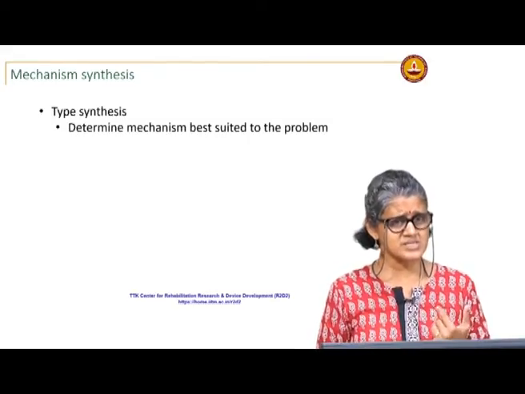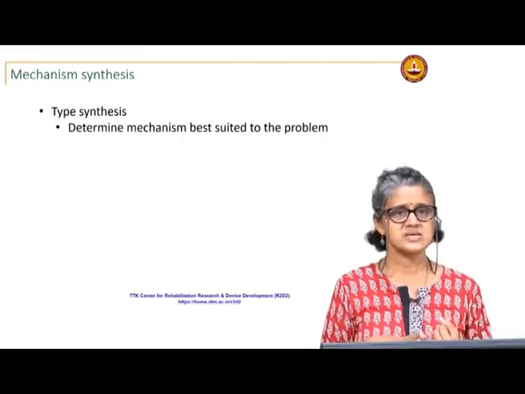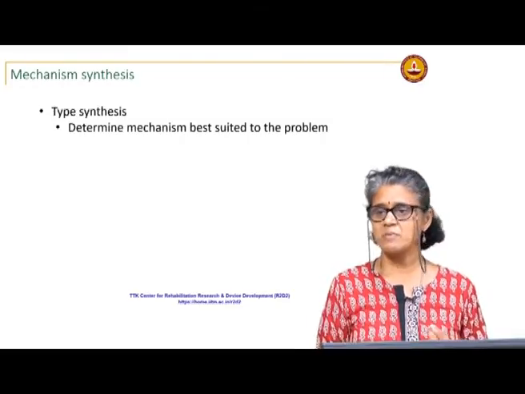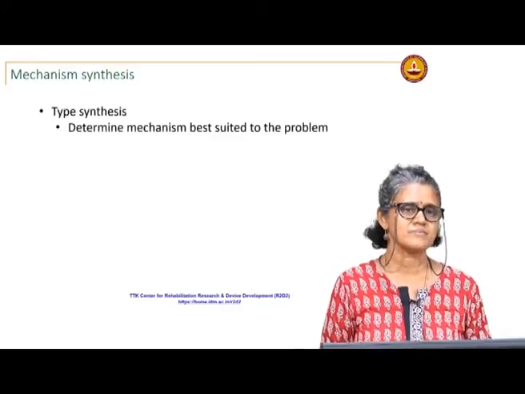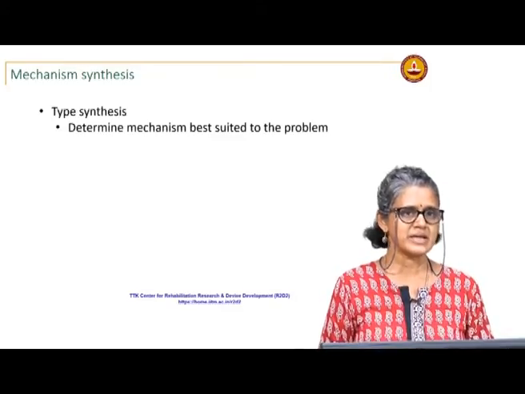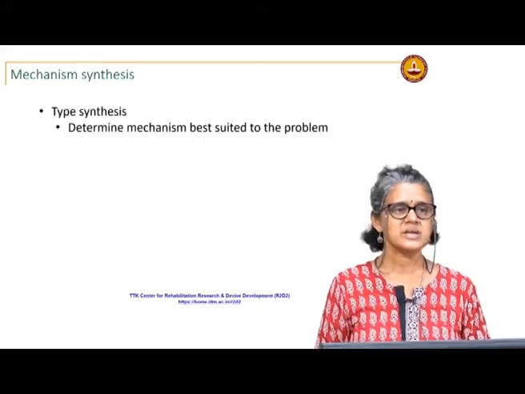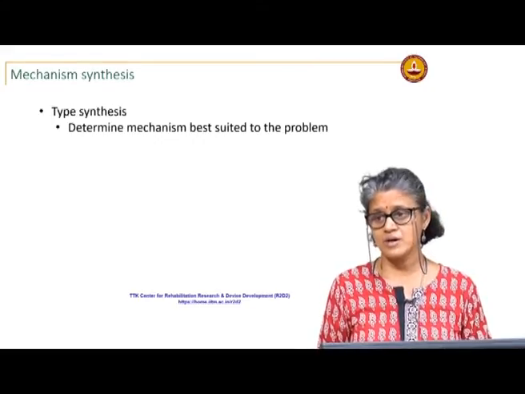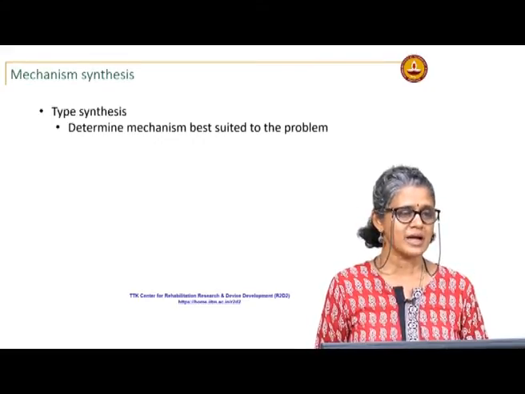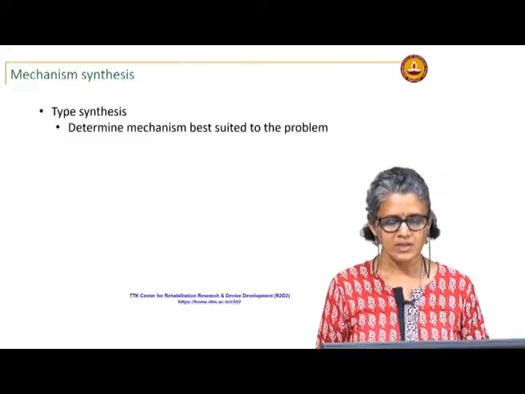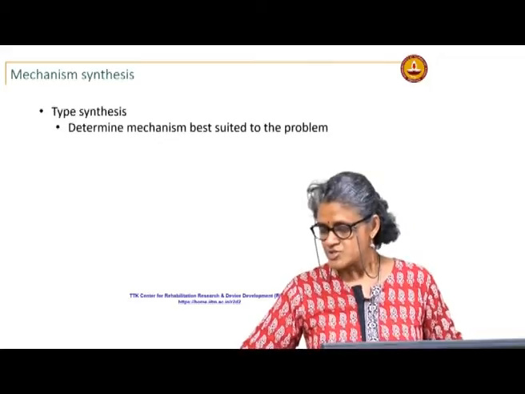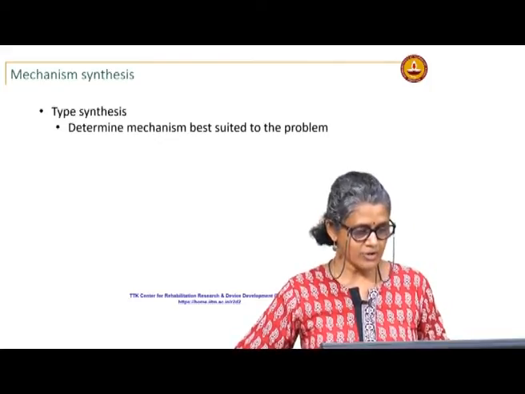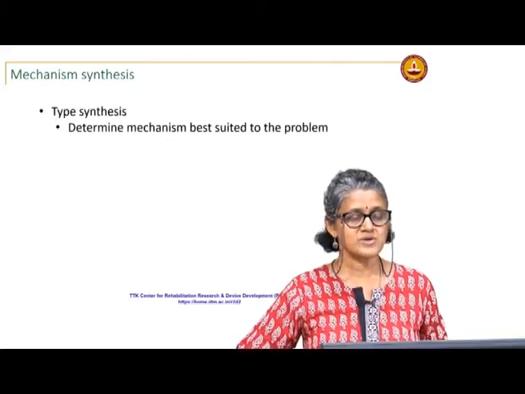There may be cost considerations, space considerations, maintenance considerations, a whole bunch of factors that will play into what you determine as the type of mechanism you want to use for your application. And a lot of that basically comes from experience. So, here we are not really going to deal with that aspect of it.